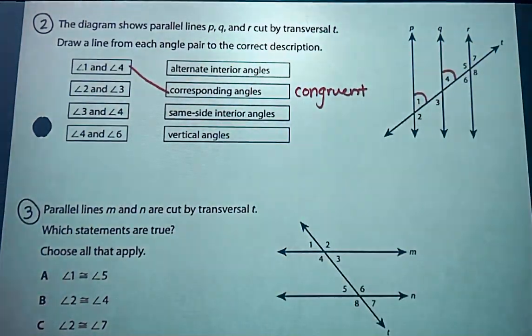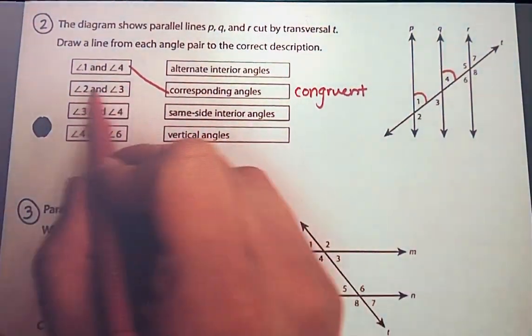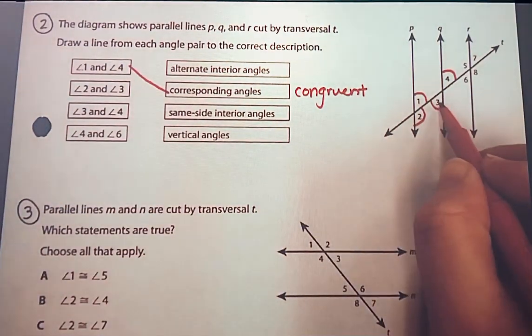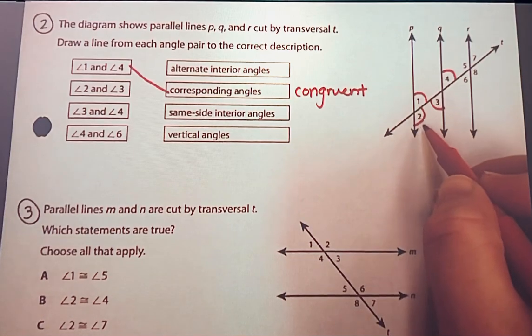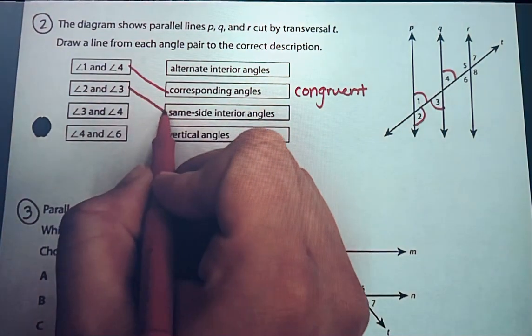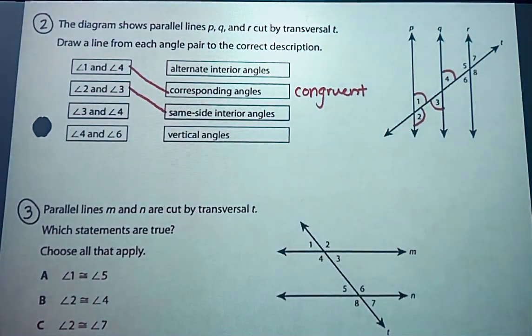They're considered congruent pairs. Angle 2 and 3, right here, 2 and 3. Those two angles are not congruent to each other. They actually add up to equal 180 degrees, which means they're supplementary. Another word for them is same side interior angles.